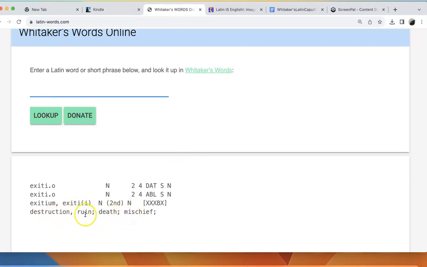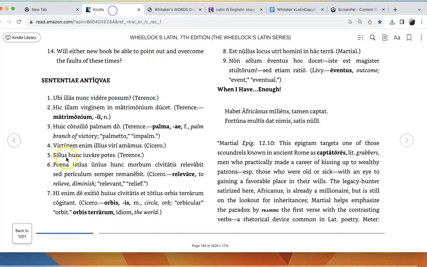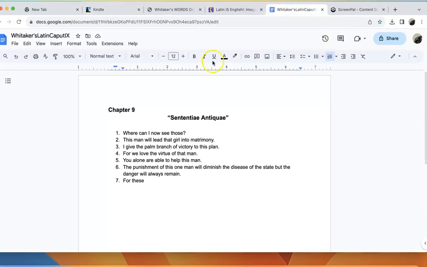So either destruction or ruin might work best in this context. So for these about the destruction. Now you can already see that in English we would need the subject and verb here, or the verb, because we already have these.